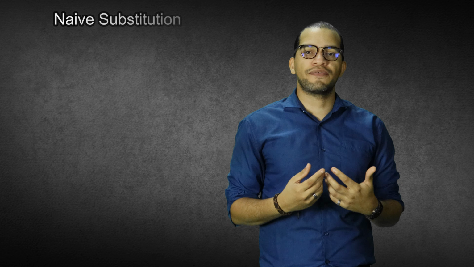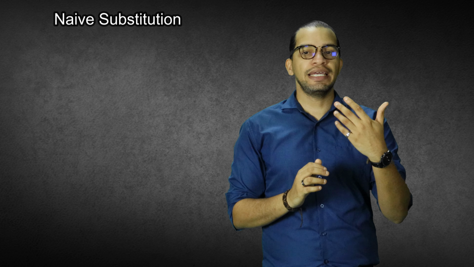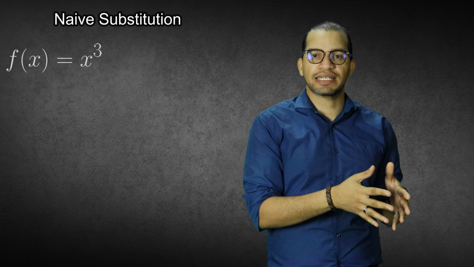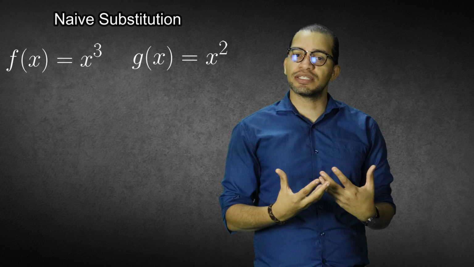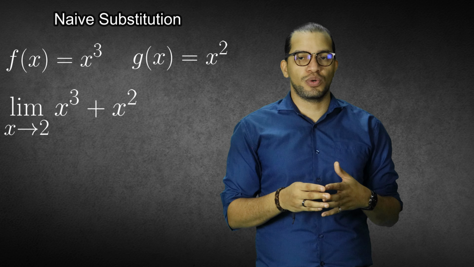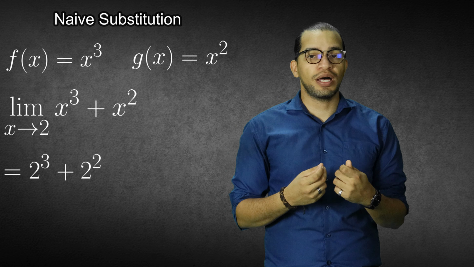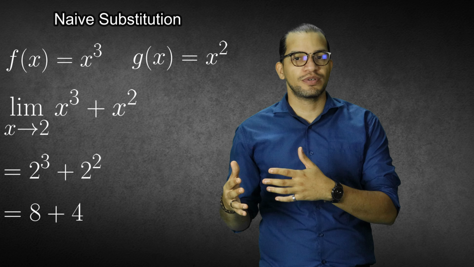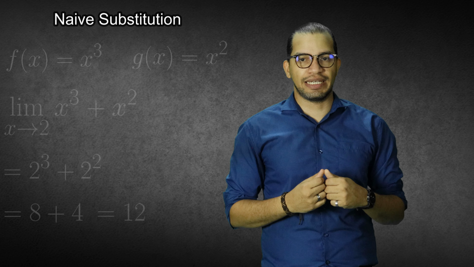Because you can use something that we already called the naive substitution, which consists of plugging the value of the limit into the function. For example, if we had the functions f of x equal x cubed and g of x equal x squared, then the limit when x goes to 2 of x cubed plus x squared is simply 2 cubed plus 2 squared, which is 8 plus 4, which is finally 12, which is actually what we got in the first place.